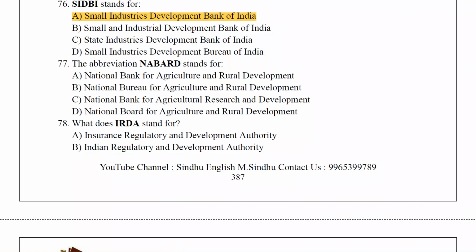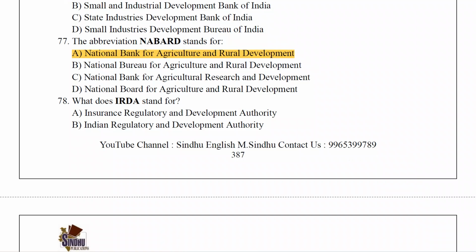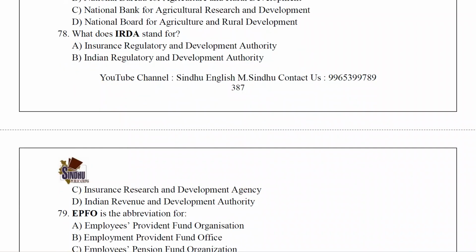The abbreviation NABARD stands for National Bank for Agriculture and Rural Development. What does IRDA stand for? Insurance Regulatory and Development Authority.